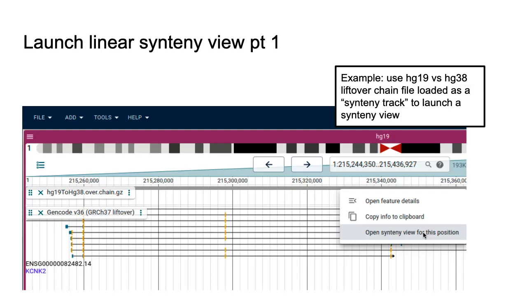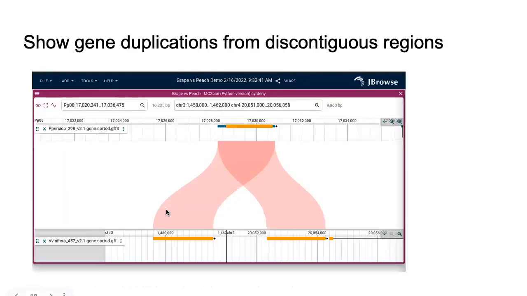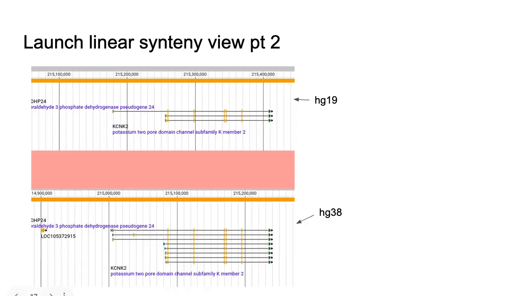And what that will do is open up the matching location on the other genome. So in this case, this synteny was just HG19 versus HG38, and it gives you the exact position of that gene on HG38 there. And this red box just means it's an exact match, because the assembly didn't change that much there.